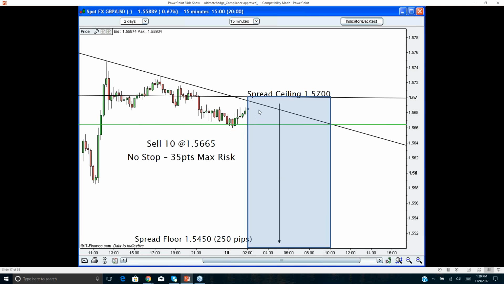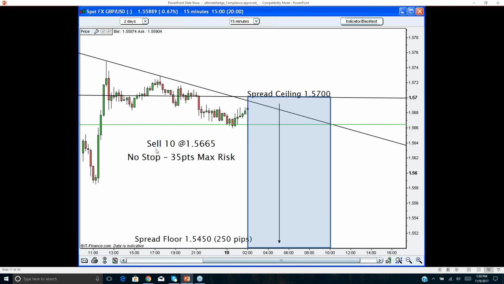Now, on a spread, each pip is worth how many dollars? Each pip, $1. In the example I showed you a second ago, trading spot Forex, that was $10 a tick, right? Because a full lot is $10 a tick.